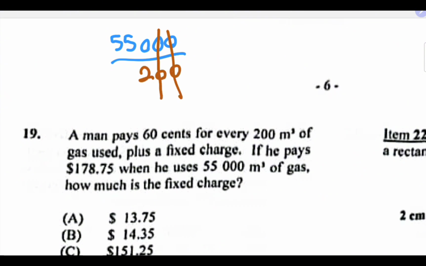The zeros are going to cancel off. 2 can go into 7 once, 2 can go into 550, 275 times. So that is 275 multiplying the 60 cents. So that's 0.6.